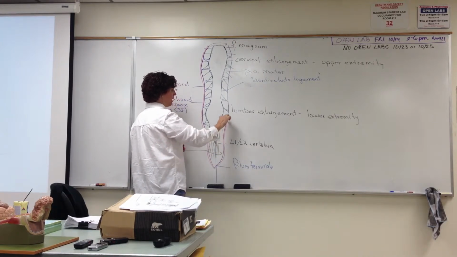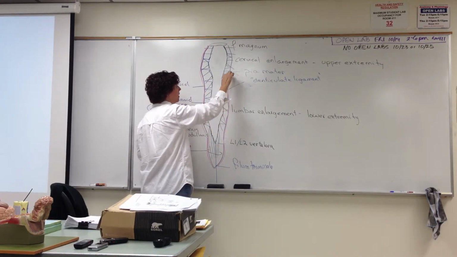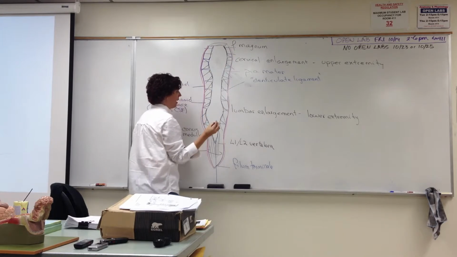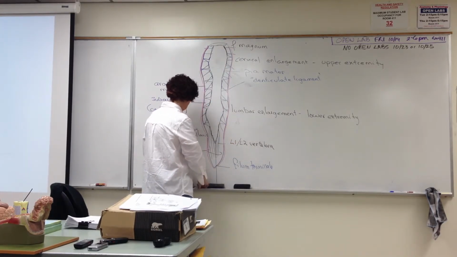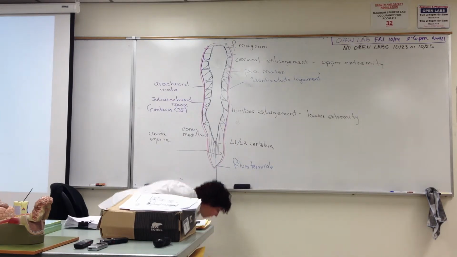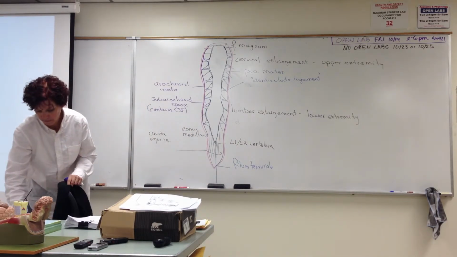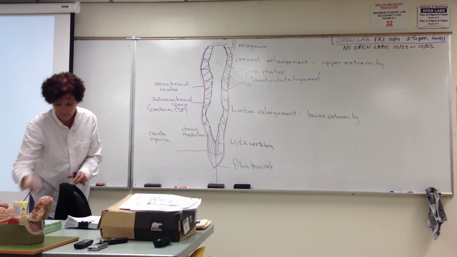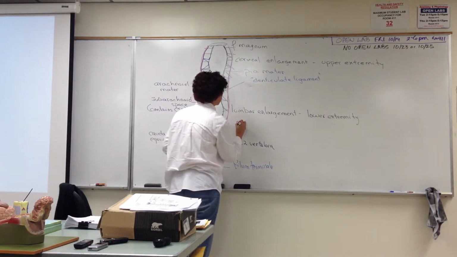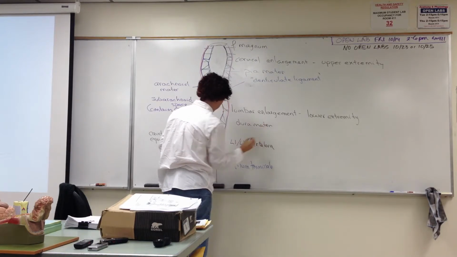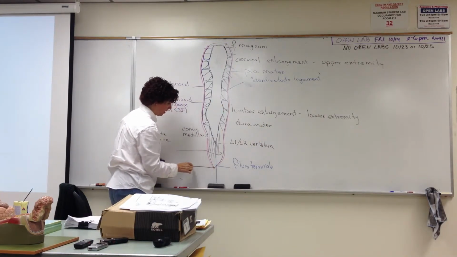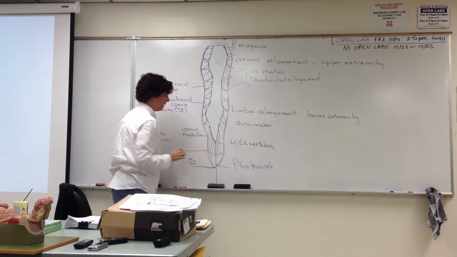We don't have denticulate ligaments there, but we have these same layers. And the dura mater and the arachnoid mater end at the second sacral vertebra.